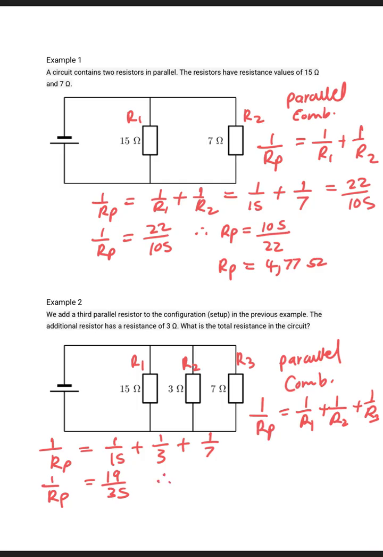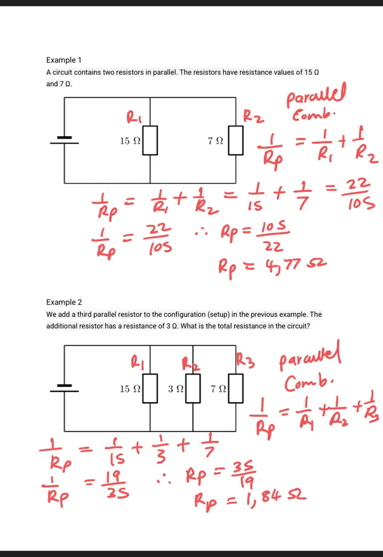And then when we flip Rp and make it the numerator, we get 35 over 19. So Rp equals 35 divided by 19, which is 1.84 ohms.